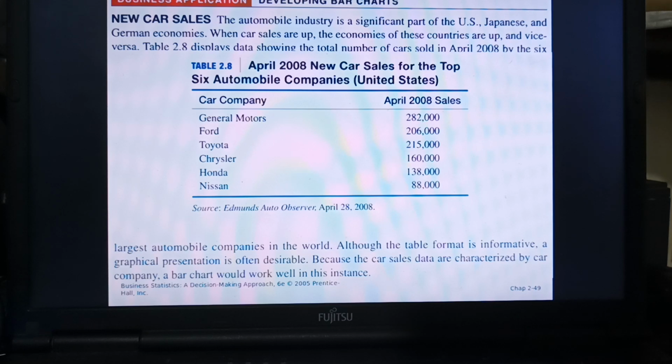Although the table format is informative, a graphical presentation is often desirable because the car sales data are characterized by car company. A bar chart would work well in this instance. So we have General Motors, Ford, Toyota, Chrysler, Honda, Nissan.